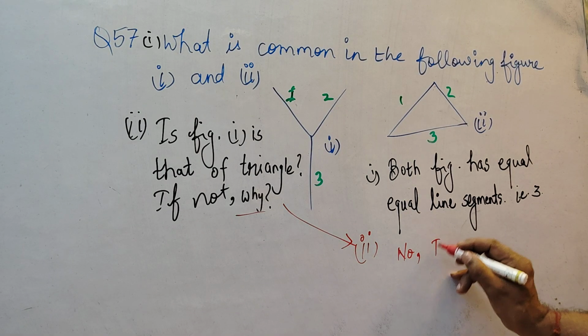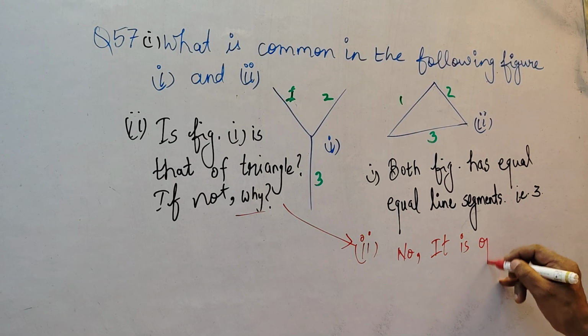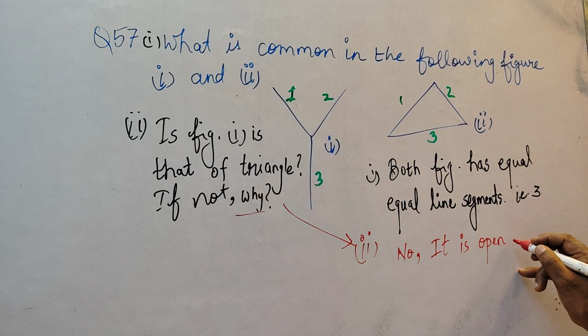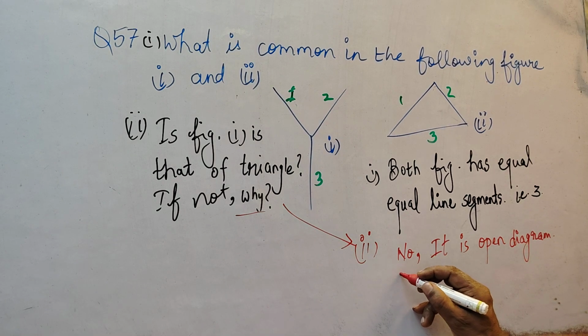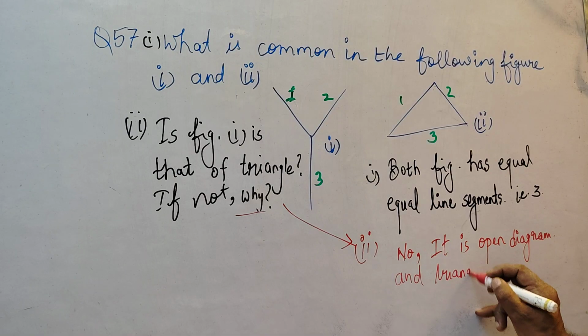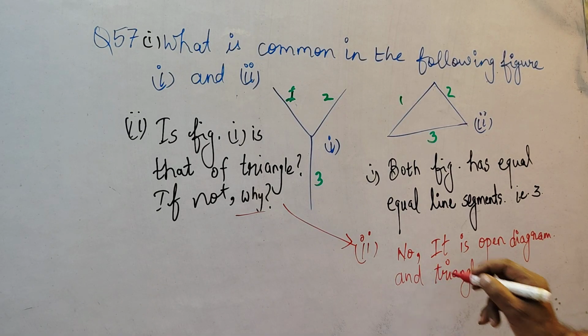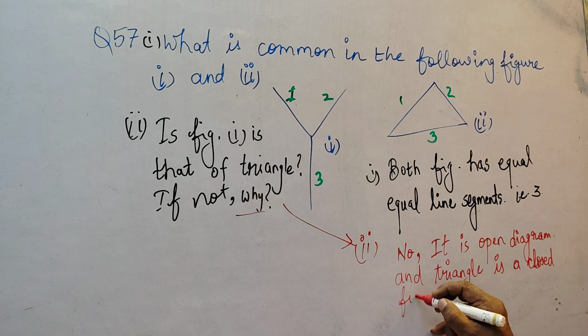Because it is an open diagram, it is not closed, and a triangle is a closed figure.